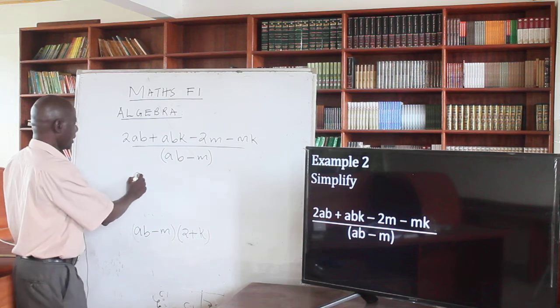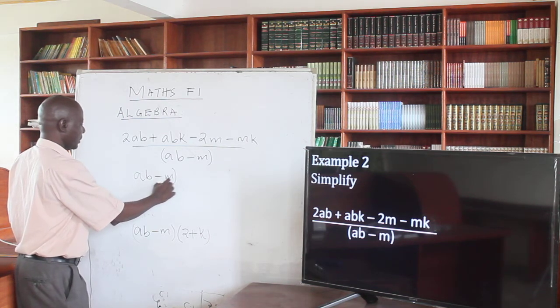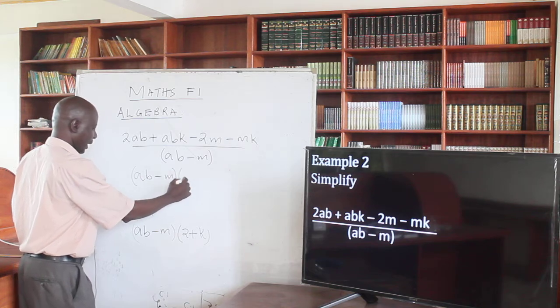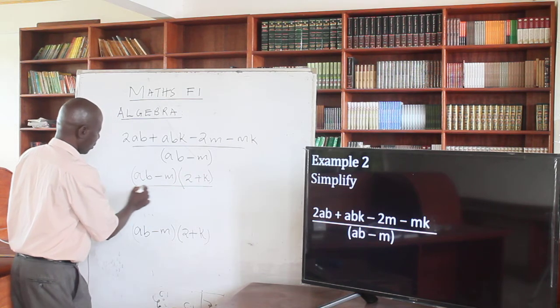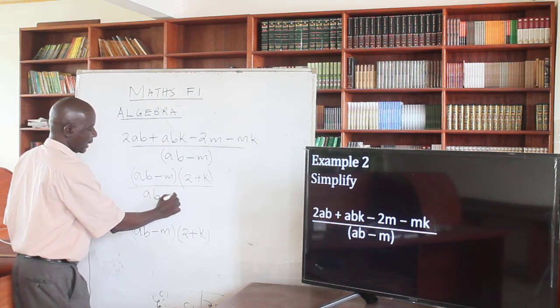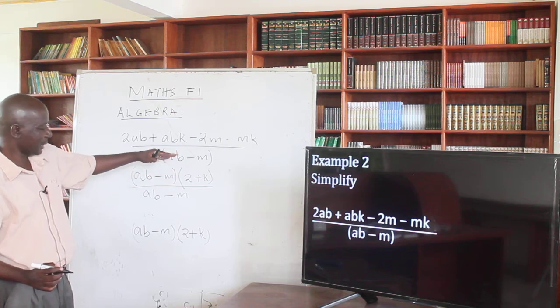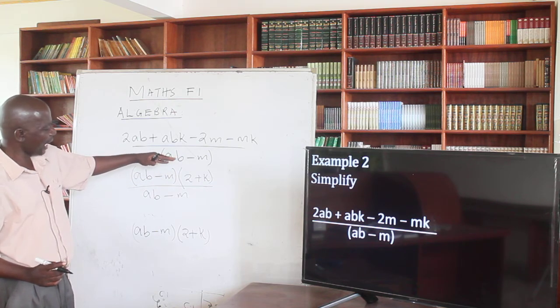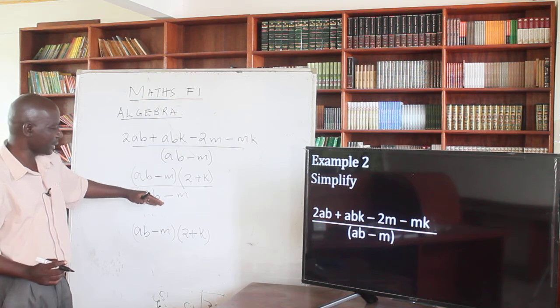We have (AB minus M) times (2 plus K), all in the numerator, divided by (AB minus N). Now, look at the numerator. Does it have a term which resembles one term in the denominator? Yes.